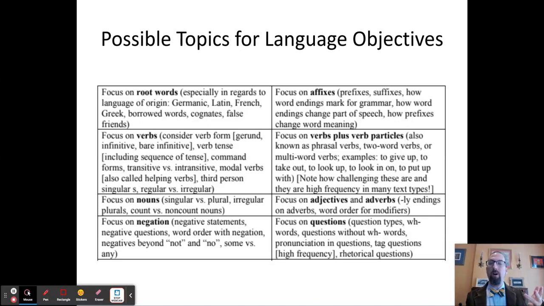This is something that is often a struggle for learners of all levels. Focusing on nouns, adjectives, and adverbs, looking at different forms of negation in English, and then also focusing on question words.